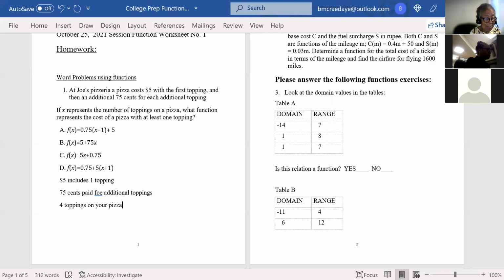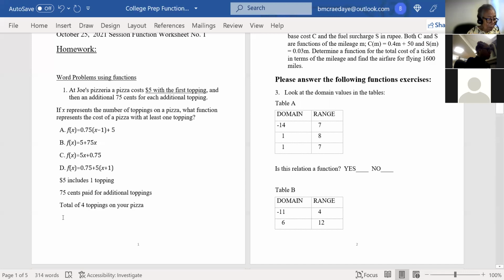The $5 has the 1 topping. So how many are you paying for? 5. Wait, Latoya, you have a total of 4 toppings on your pizza.